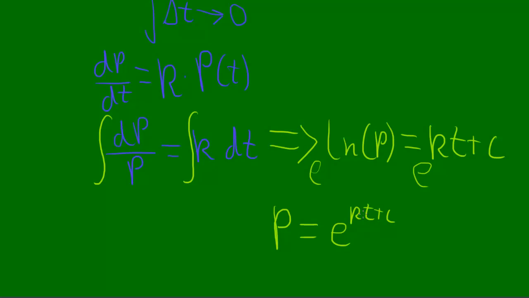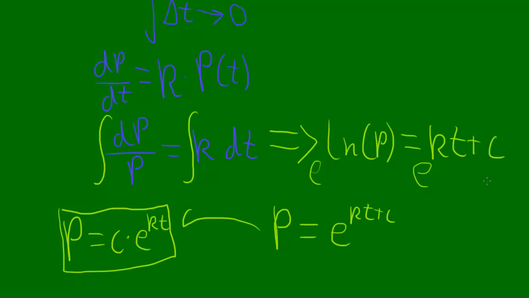If we raise this to the sum of these powers, that's the same as e to the c times e to the kt. But e to the c is just another constant, so we can change this now to p equals c, or this is a different constant c from the other one, but still a regular old arbitrary constant. P equals c times e to the kt.